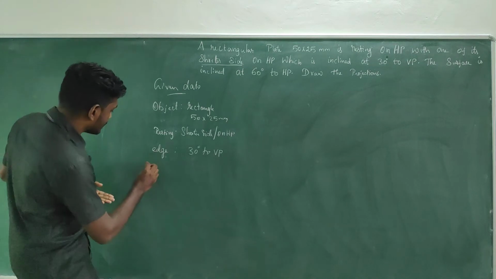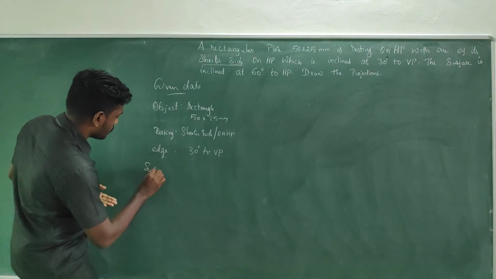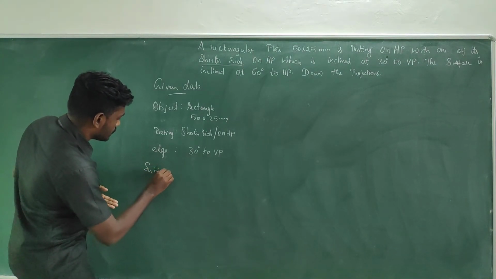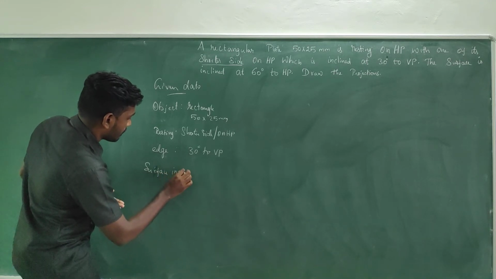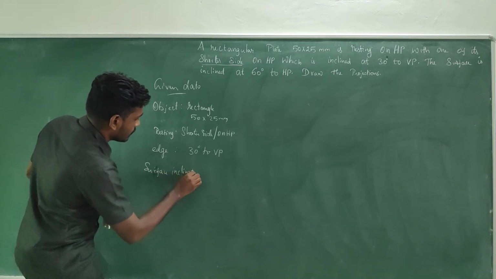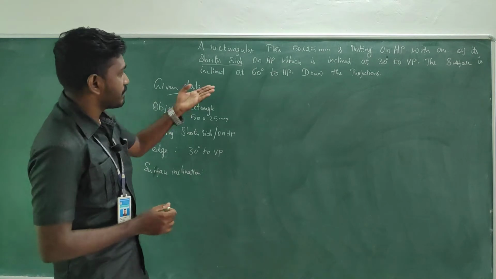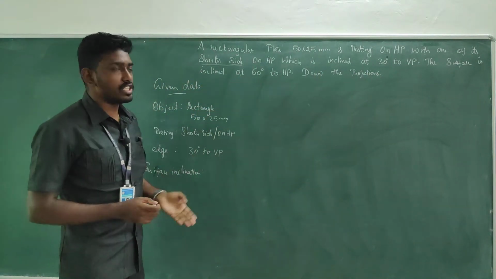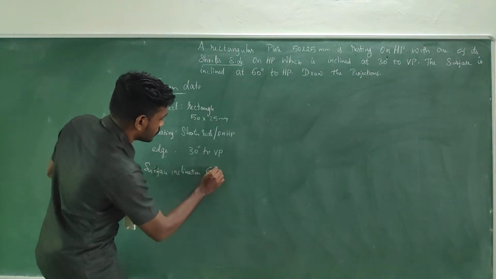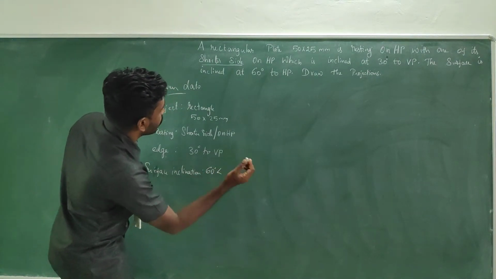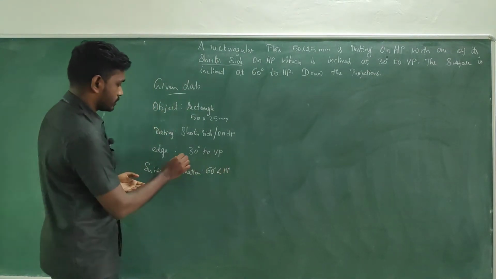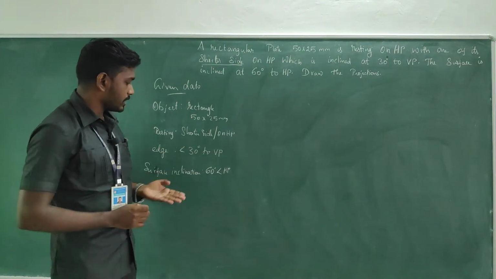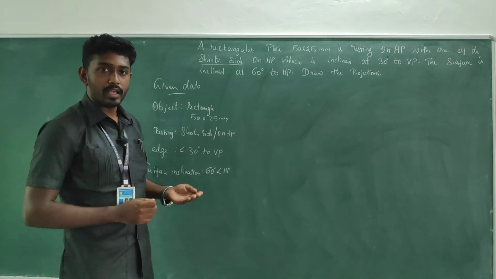And the last one is the surface inclination. What about the surface inclination? The surface is inclined at 60 degree to what? HP. Inclined 30 degree to VP, here it is 60 degree to HP.